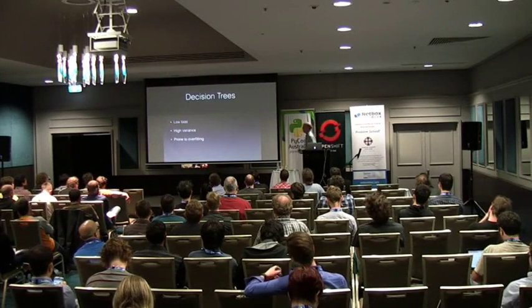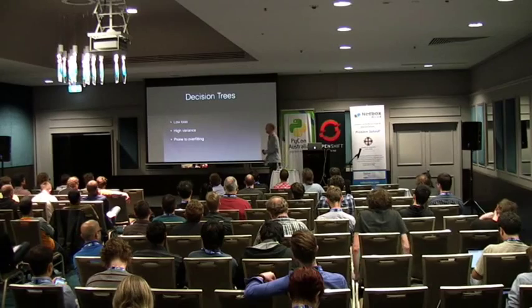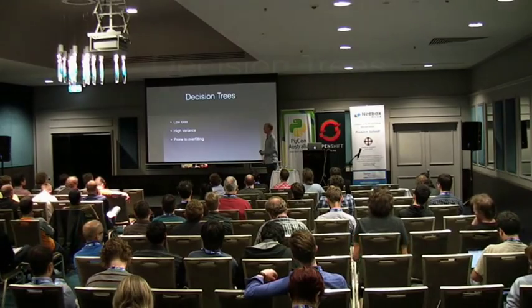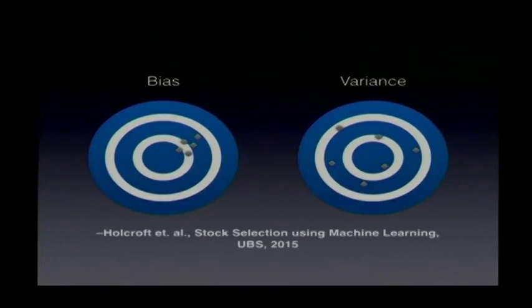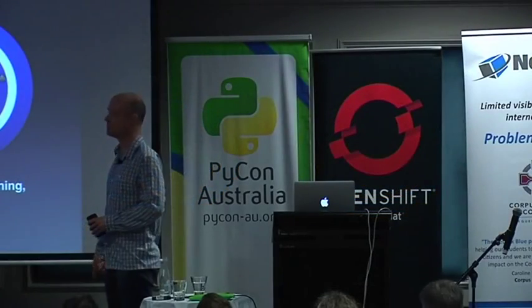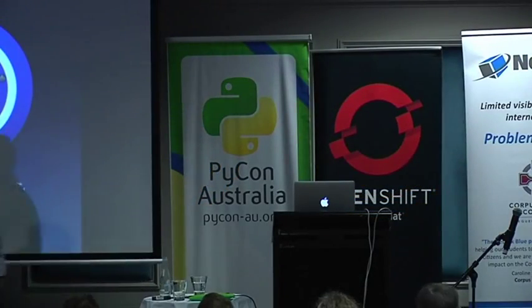So, what's good about decision trees and what's bad? Well, they have low bias, high variance, and they're prone to overfitting. What on earth does that mean? Well, this little diagram, I'm indebted to UBS for this diagram. It basically illustrates the difference between bias and variance. So over here we have bias.